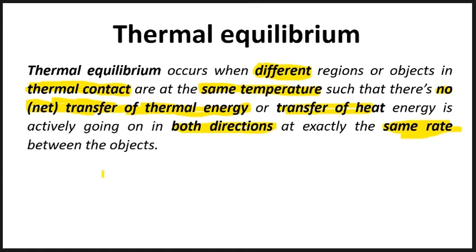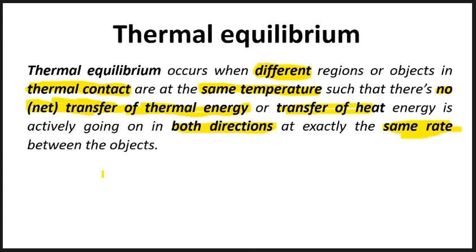So if I'm to define thermal equilibrium, I'll simply say it occurs when different regions or objects in thermal contact are at the same temperature such that there is no net transfer of thermal energy. It's as simple as that. Or if I don't want to say no net transfer of thermal energy, I can simply say such that transfer of heat energy is actively going on in both directions.